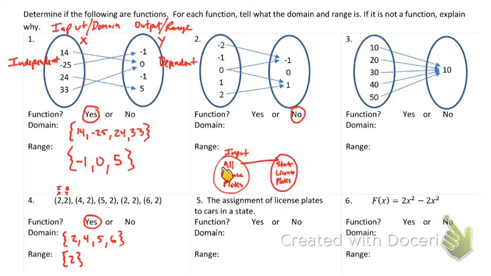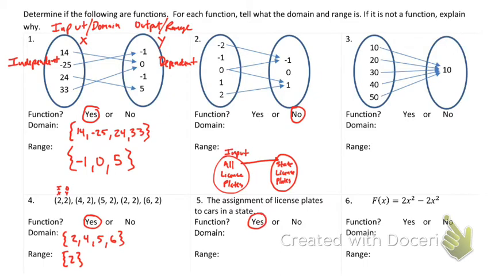So if I have a license plate over here from New York, well, does New York have a partner in California? Okay? Or if I have a California license plate, will it also have a matching partner over here? Okay? I know it's kind of a bad example, but the answer to this is yes, this is a function.